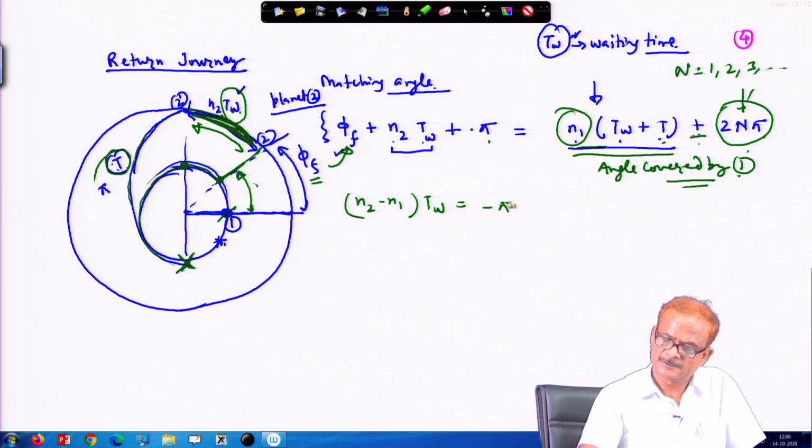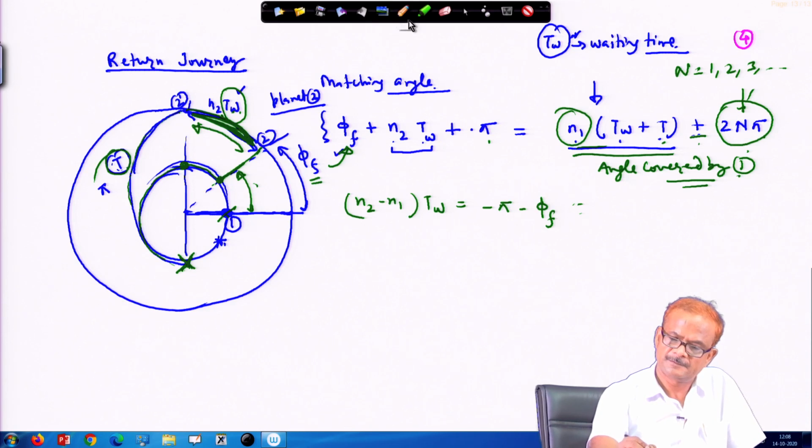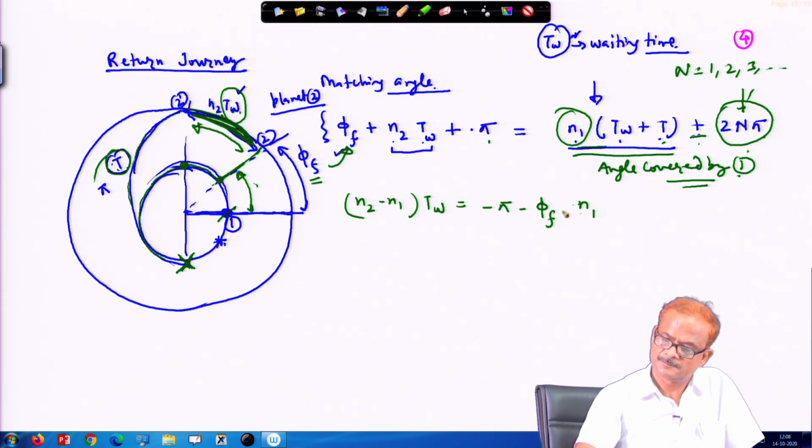this will be equal to minus pi minus phi f plus minus, then n1 t plus n1 t and plus minus 2n pi.